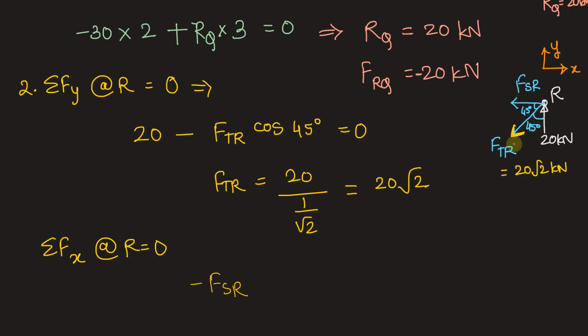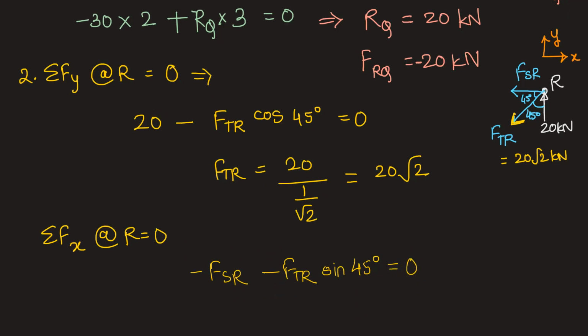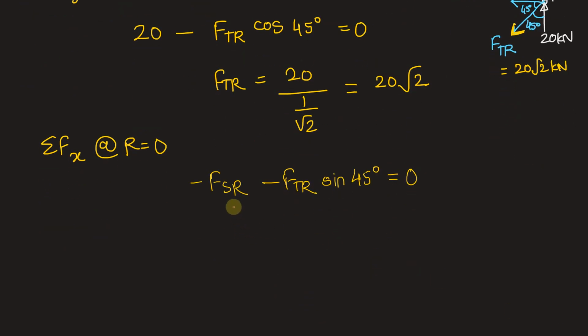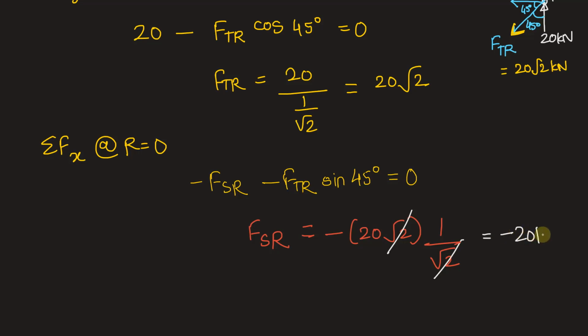Another force is the component of FTR in the horizontal direction, which we can write as minus FTR sine 45 or cos 45, both are equal, equal to 0. FTR is known, so let's put in the value and find FSR. FSR is equal to minus 20 root 2 into sine 45, which is 1 by root 2. Root 2 by root 2 gives us 1. We get the answer as minus 20 kilonewton.